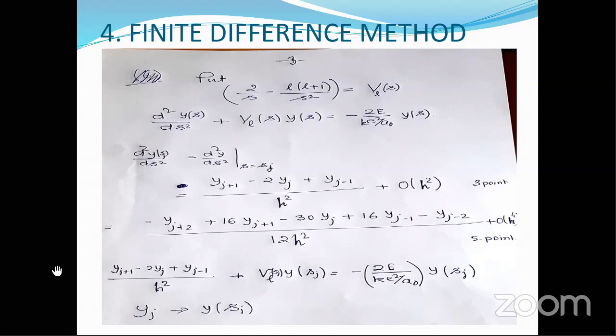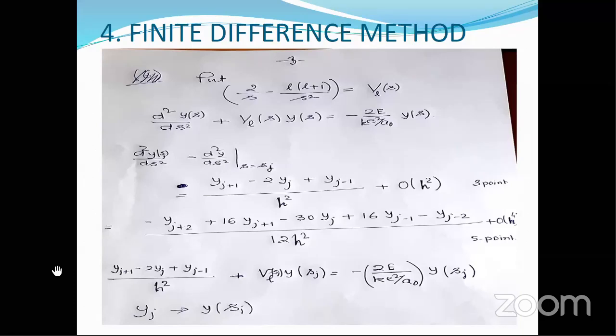So I put this double derivative in the form of a recursion expression. I put it in the Schrodinger equation, and one can see that we have the double derivative, the potential term multiplied by y at s_j, y(j+1) being y at s_(j+1), and the energy term, minus 2E upon k e square a0 times y at s_j.